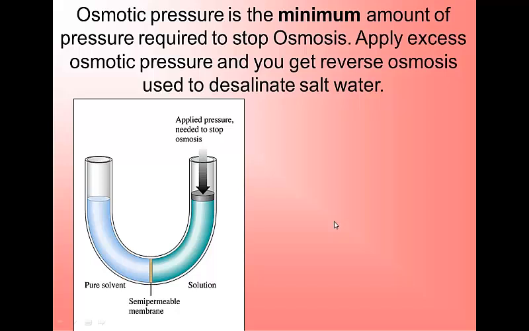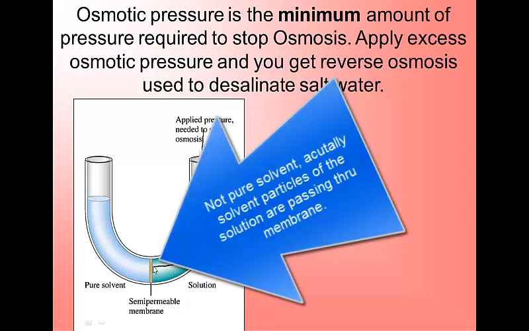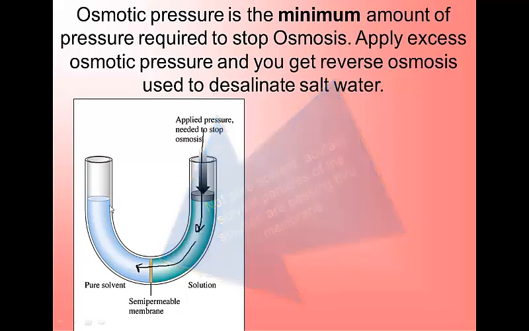Now, reverse osmosis is when you apply a pressure to push it the other way. If you look at the picture, you're applying an external pressure to push down so that you're putting the pure solvent through the membrane and not the solute, and you're going to get more solvent. This reverse osmosis method is used to get salt out of salt water and make it drinkable.